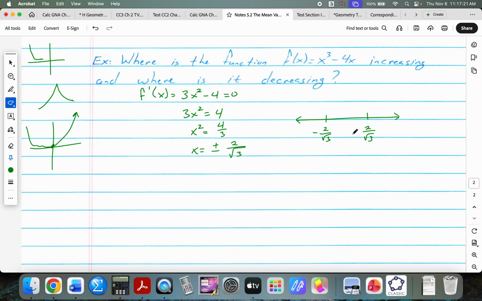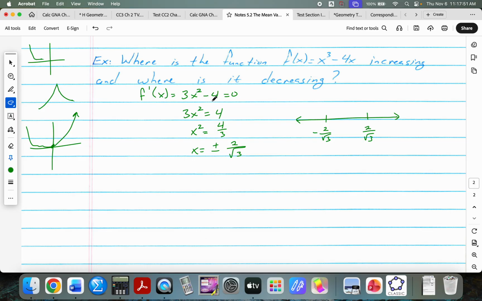So all I have to do is test any point in each of these 3 intervals. Between negative 2 over the square root of 3 and 2 over the square root of 3, what could I check really easily? 0. If I substitute in 0 for x, what do I get for the derivative? Negative 4.